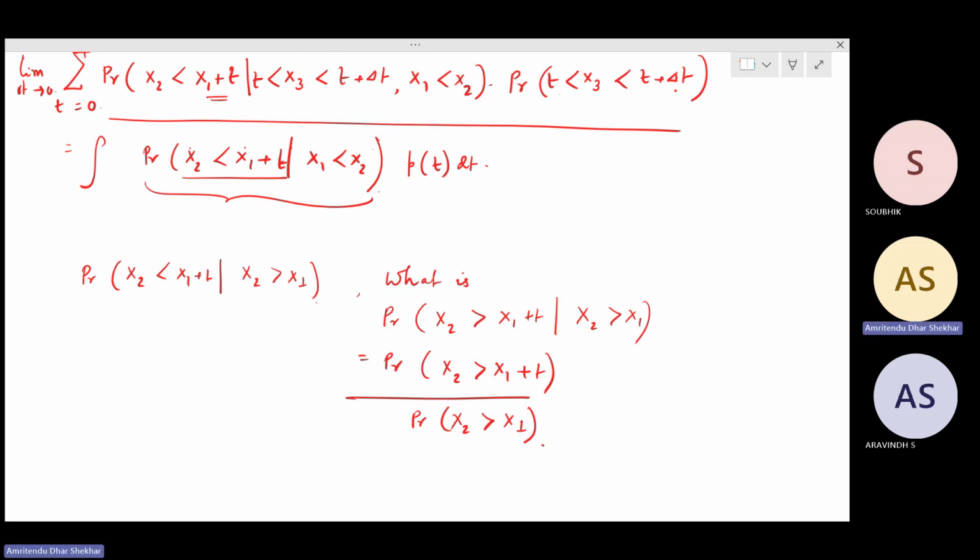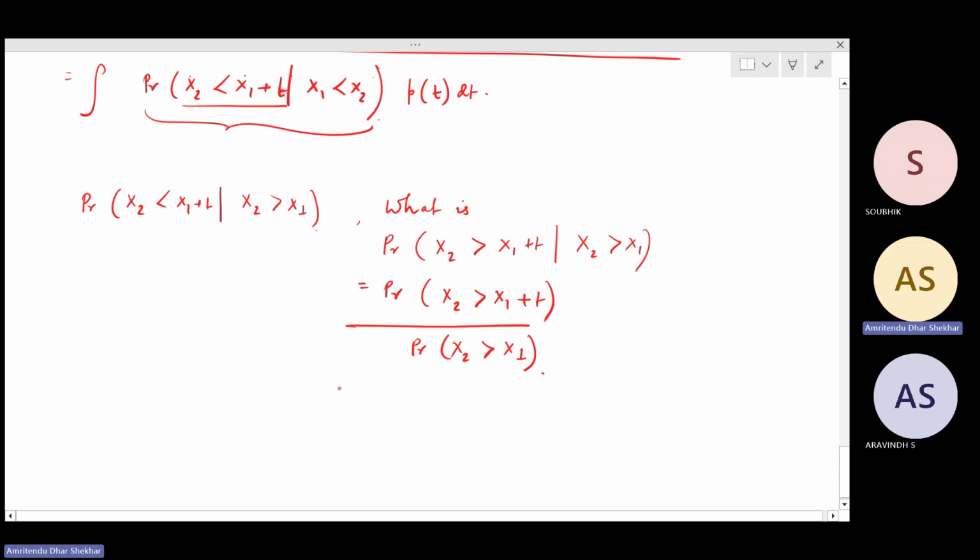Now, what is the probability of x2 greater than x1? The probability of x2 greater than x1 is equal to half. We know this. We need to compute the probability of x2 greater than x1 plus t.